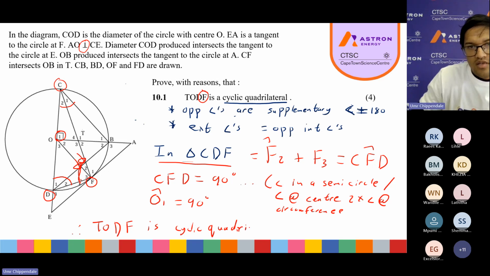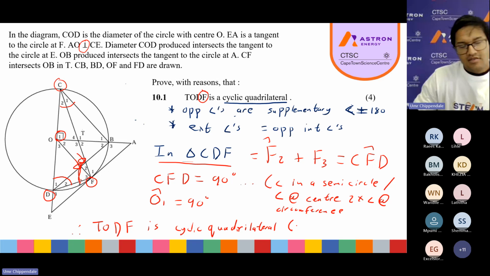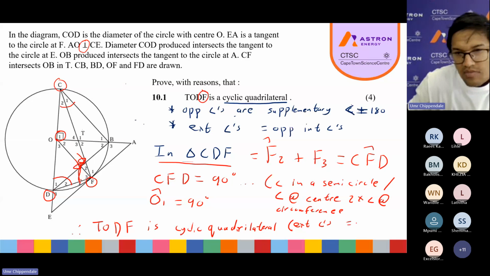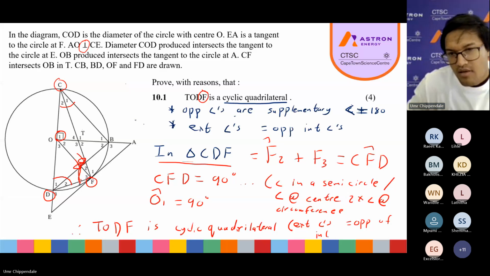Ooh, quadrilateral. Okay. I have to make sure I spelled it right. It's been a long day, but we have this over here. And now you can show that this is your angle that you have within this triangle C, D, and F. You can then also say that is because exterior angles are equal to the opposite interior angles.